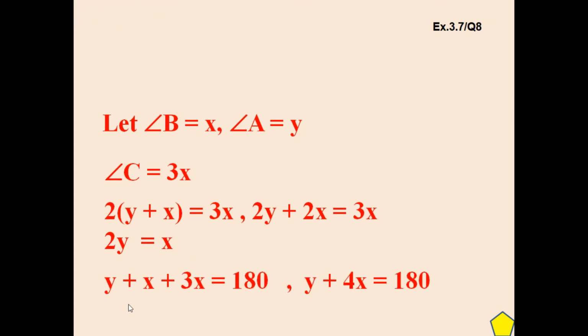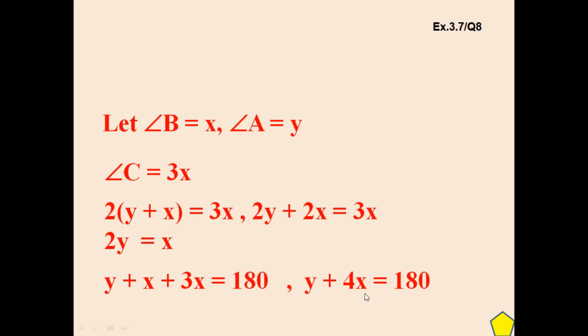Now, also we've taken the sum of the angles: angle A, which is y, angle B, which is x, and angle C, which is 3x. And when we put the like terms together, we get y plus 4x equal to 180. So now the two equations on our hand are 2y equal to x, equation number 1, and y plus 4x equal to 180, equation number 2.